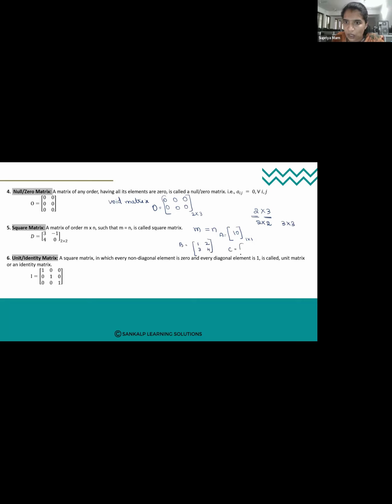C is equal to A, B, C, D, E, F, G, H, I. First one, number of rows equal to number of columns equal to 1, or else order of the matrix 1 by 1. In the second, order of the matrix 2 by 2. In the third, 3 rows and 3 columns, so order of the matrix is 3 by 3. Number of rows should be equal to number of columns.